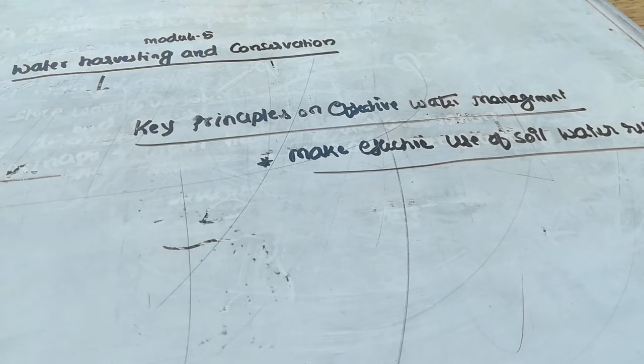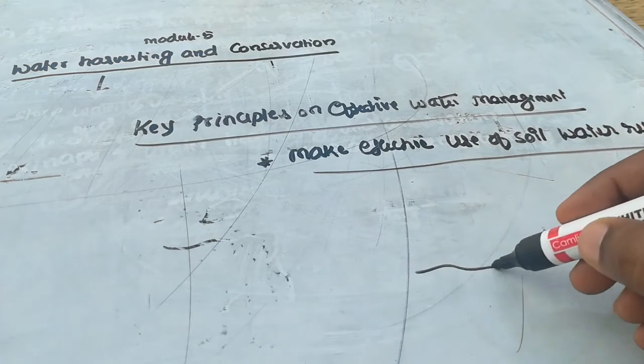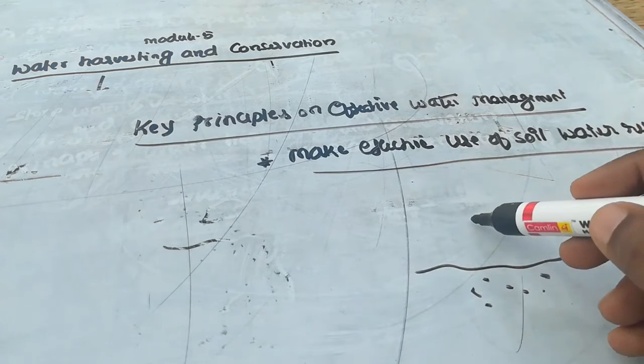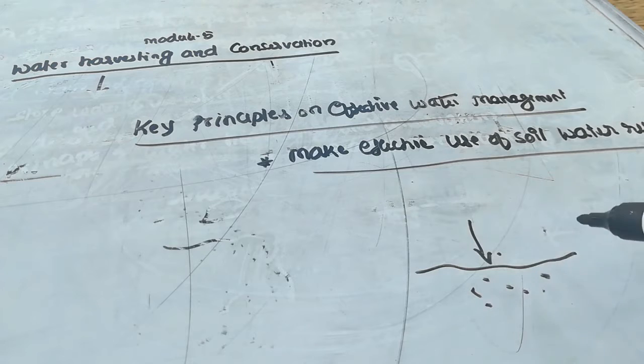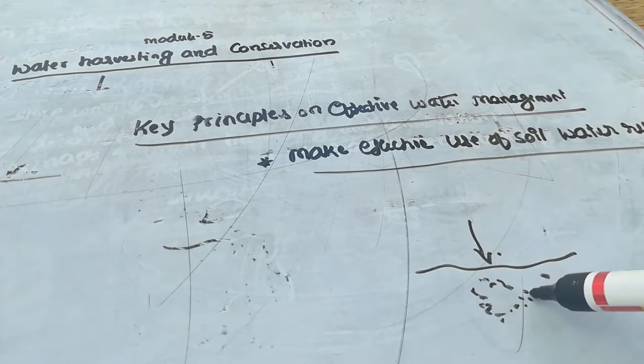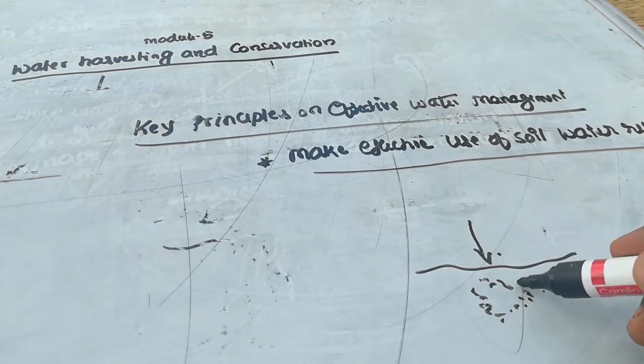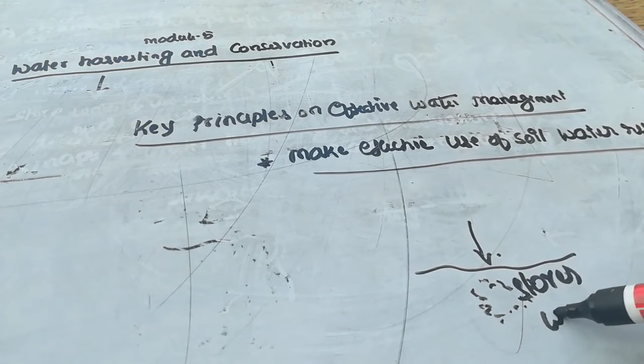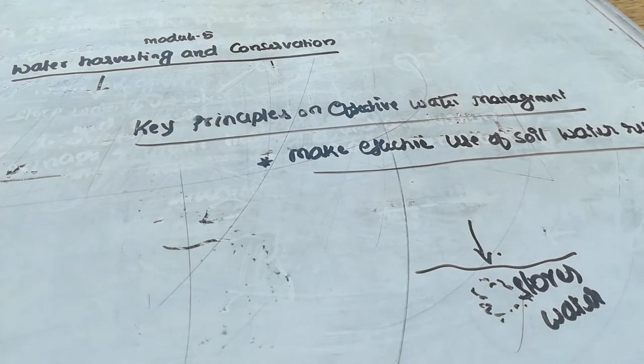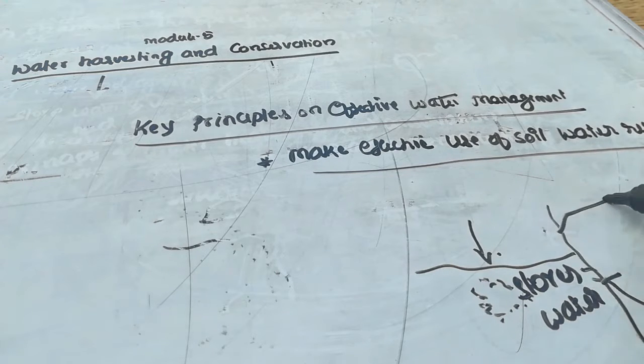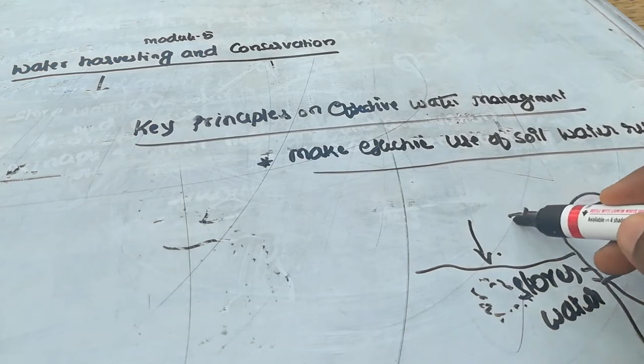How much water is available depends on the soil type and the rooting system of the crop. Here, this is the soil. When water comes, the soil becomes moist, and the soil stores water, right? The soil stores water from rainfall, providing a reserve that is available, and the crop will use this soil water.